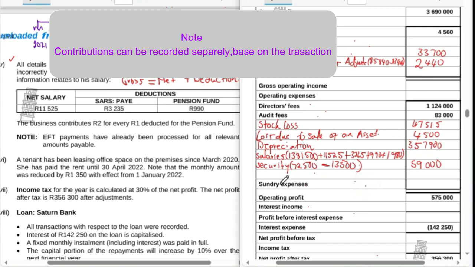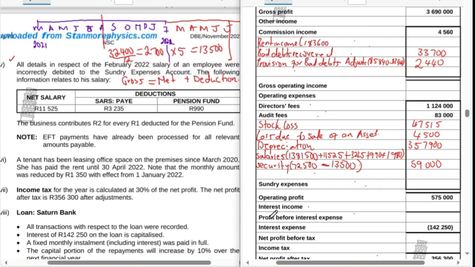And then guys, we are going to add our salaries: 1,381,500 plus 11,525 plus 3,235 plus 990 plus 1,980.